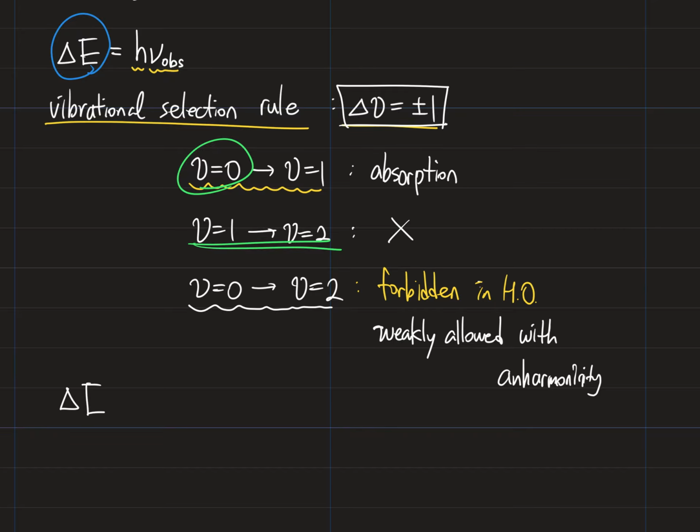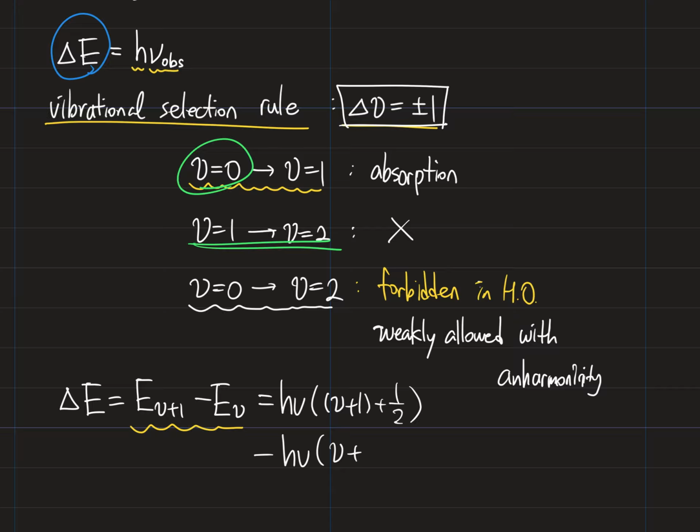So in general, the energy difference for the allowed transition should be written like this. And if you do the math, you will obtain that the energy difference should be equal to h nu.